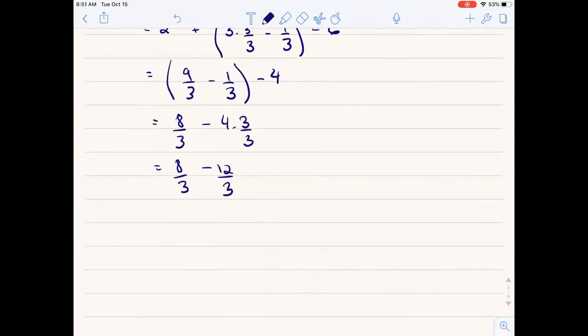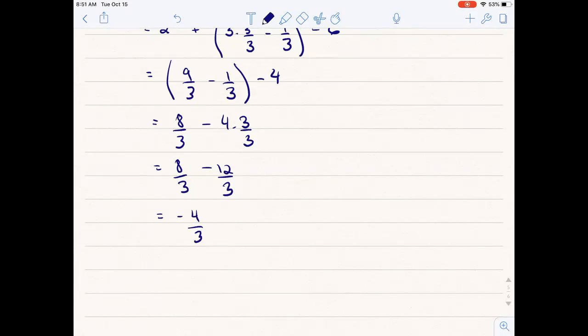Now I can simplify. 8 minus 12 is negative 4 over 3. All right. Any questions about that one?